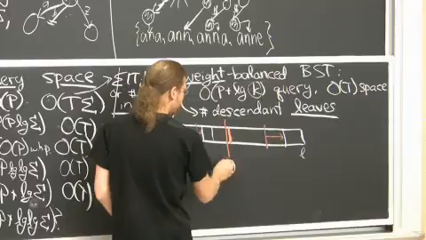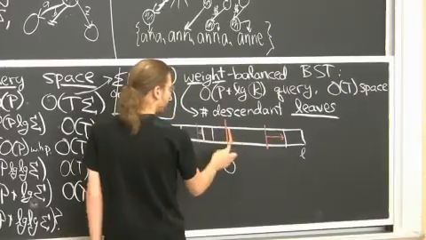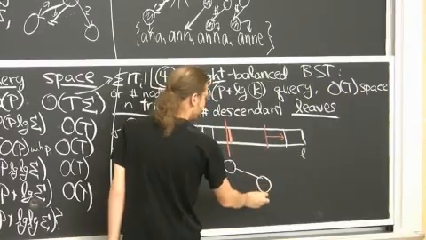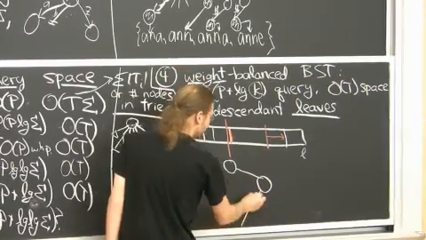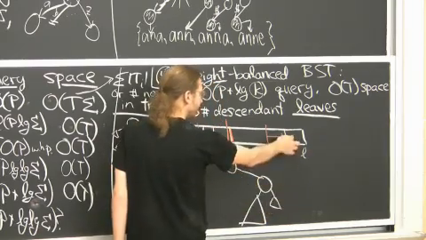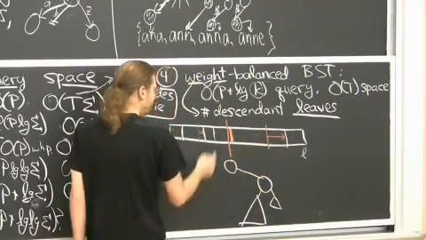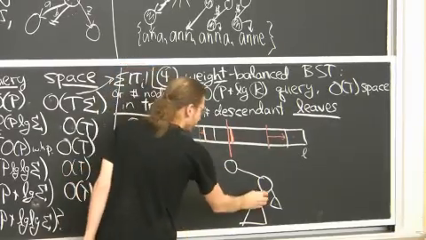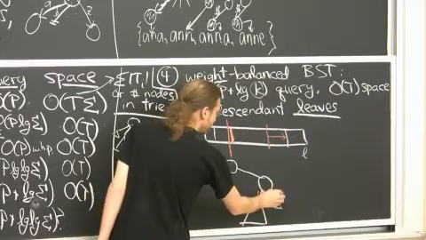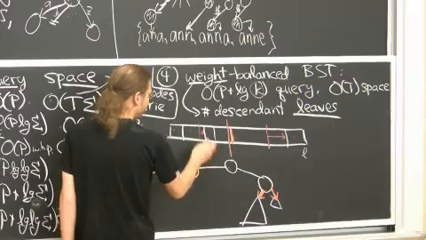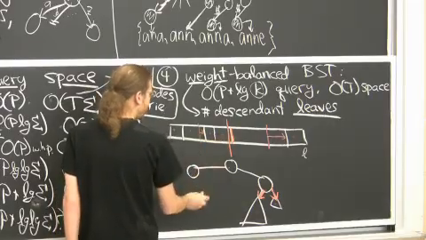So my root node corresponds to this one. It's going to partition here. So over on the right, here's going to be the big tree, and then here is the small tree. So this small tree corresponds to this one. This big tree corresponds to this interval. Then on the left, we've got 4 things we need to store. So these are the red pointers that we had before. And then over on the left, we're going to have a partition, and then there's going to be two guys here.